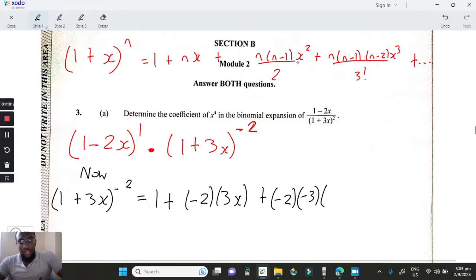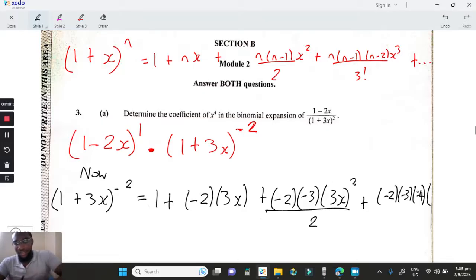Then we have our x squared, which is 3x being squared, over 2, plus n times n minus 1 times n minus 2, so negative 2 times negative 3 times negative 4, x cubed, which is now 3x cubed, over 3 factorial, which is 6.